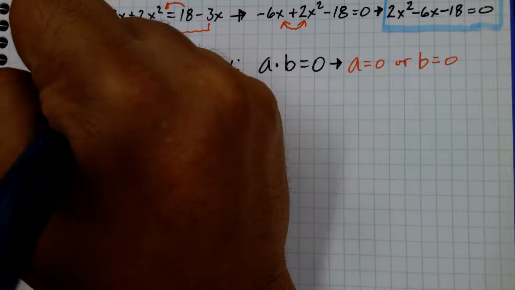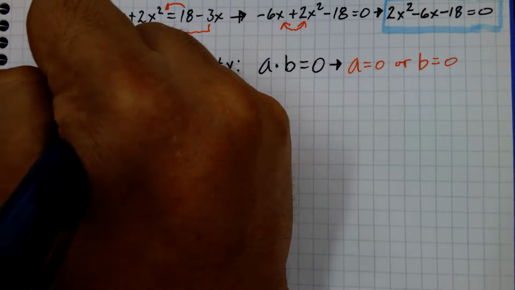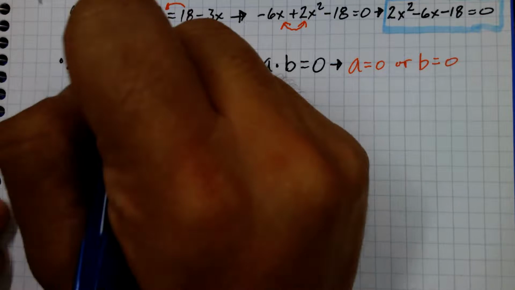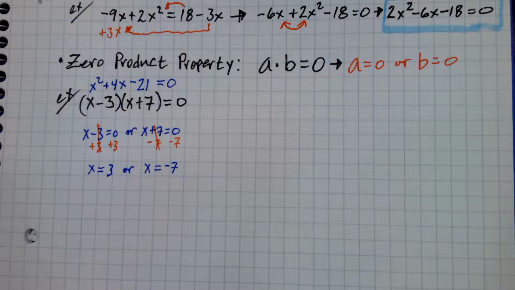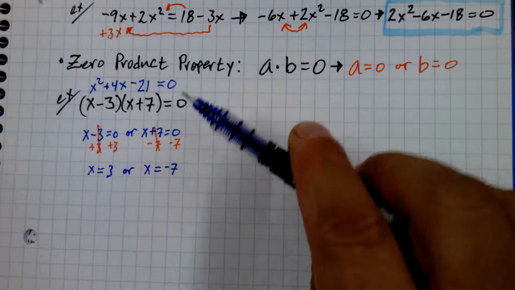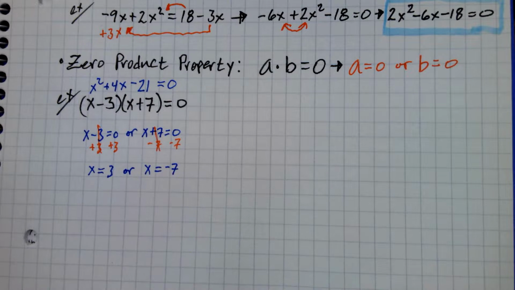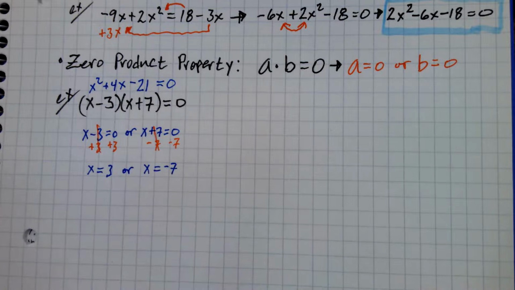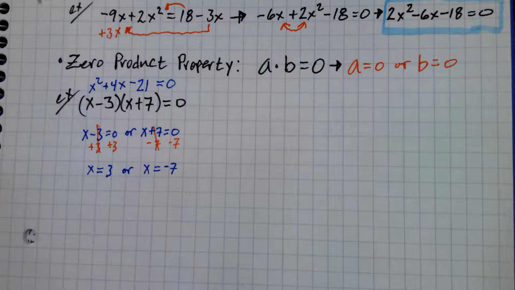So I have x times x, that's x squared. 7x and minus 3x is 4x. Negative 3 times 7 is negative 21. So really what I have here is x squared plus 4x minus 21 equals 0. Then I would factor that. Then I use the zero product property. And then I get my answer. So the answers for x in this equation are 3 or negative 7.